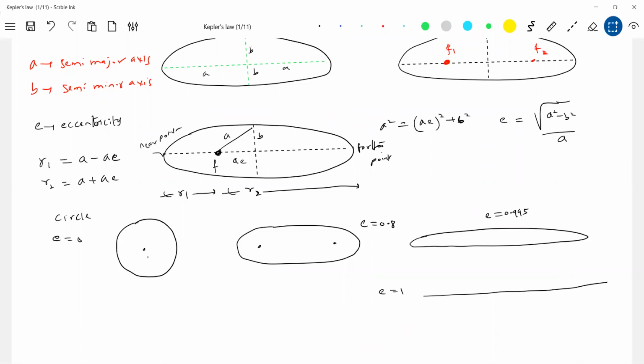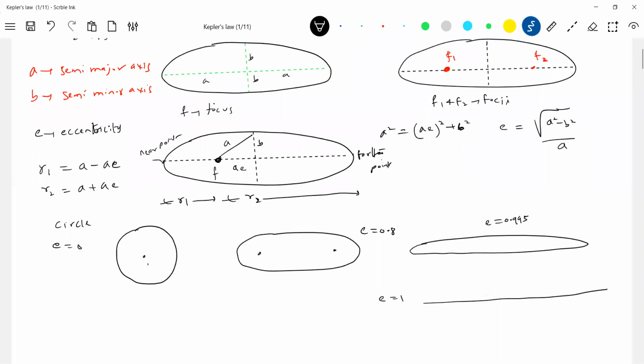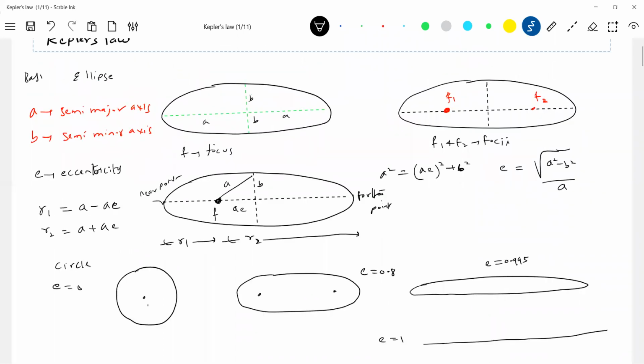What do you mean by semi-major axis, semi-minor axis? What is the near point, farther point? What is this F? F we call the focus, and F1 and F2 are called foci. These are just some basics of ellipse.